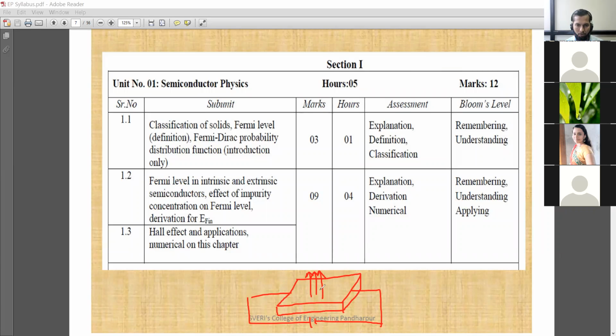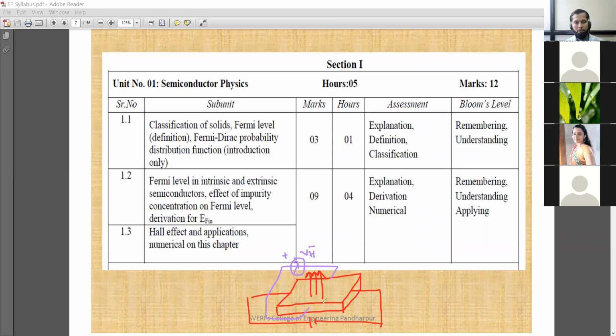Perpendicular to both electric and magnetic field, म्हणजे कुठला एक्सिस राहतोय, here it is the third axis. What happens? A potential difference gets produced, and this effect is called the Hall effect. The potential difference which gets produced is called the Hall voltage. तर याला आपण Hall effect म्हणतो.